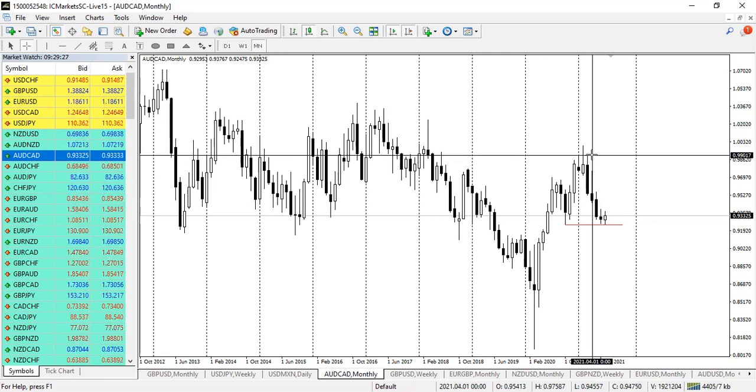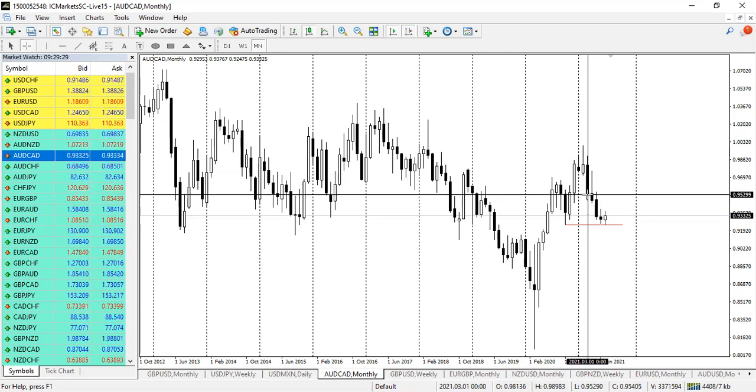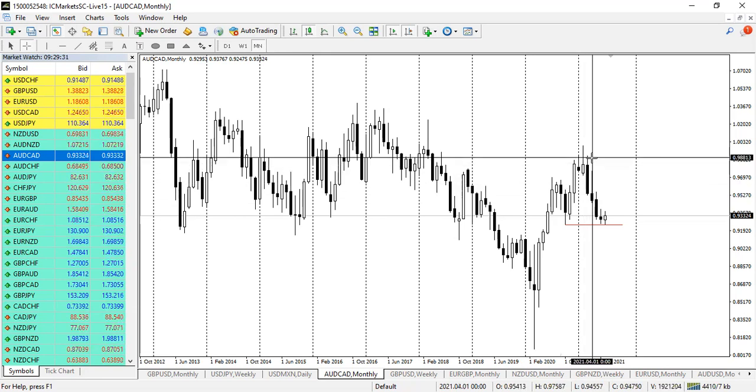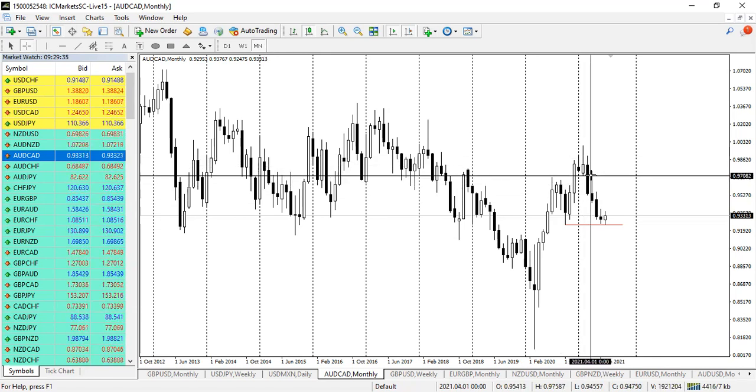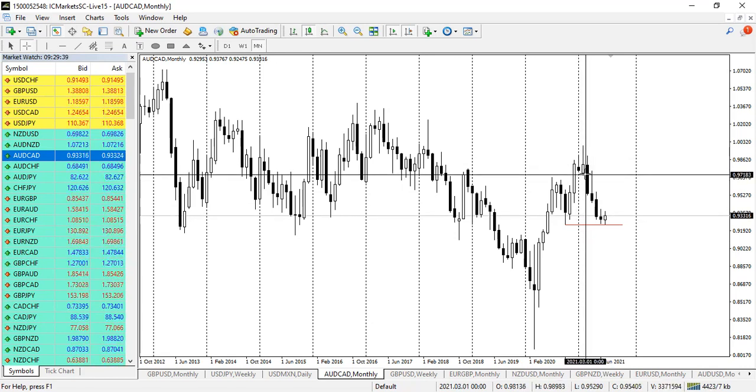In March 2021, we see a heavy tanking in price, creating a new distance from the previous low. From the low of February to the low of March, we have price traveling about 183 pips.